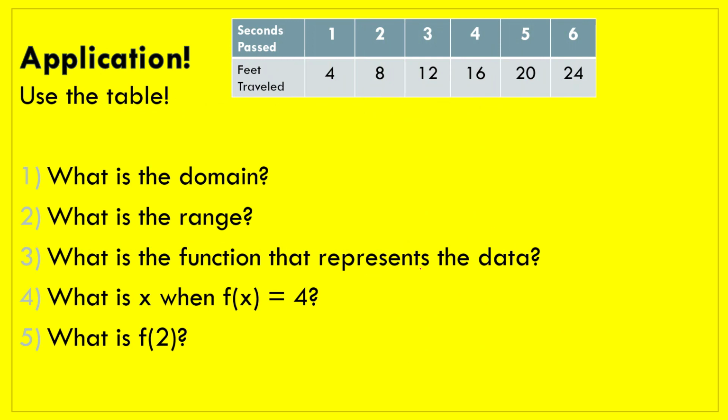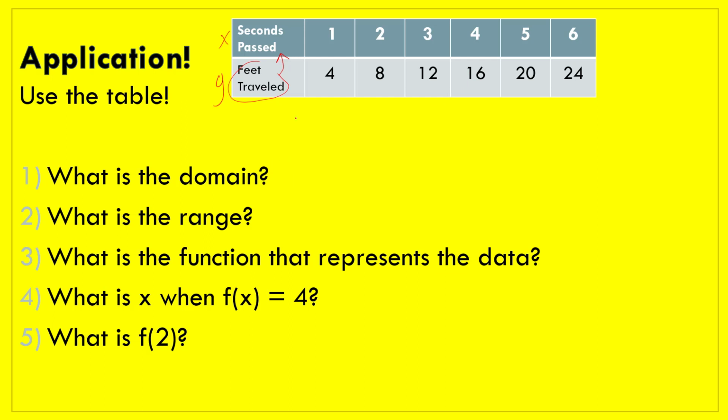Application. What is the domain? Well, the domain is all of our possible x values. So we need to look at our chart up here and figure which ones are independent, which ones are dependent. Well, the amount that I can travel depends on the amount of time that's passed, so x and y. Now, we know our independent variable, which is our x.